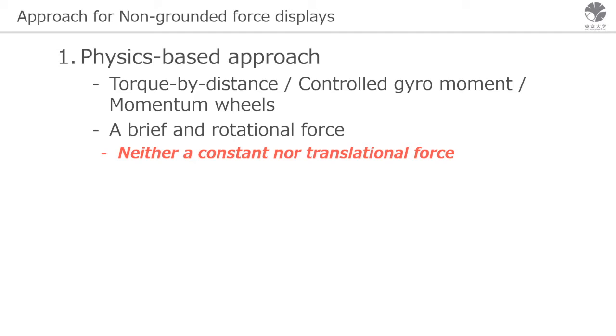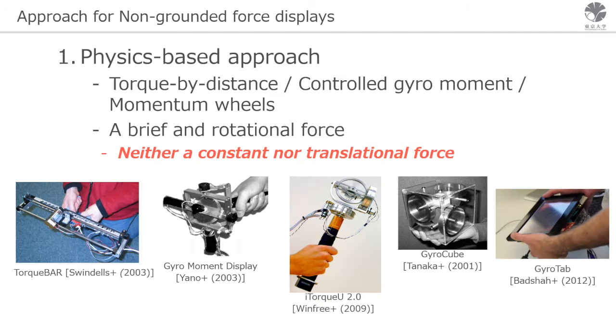One approach, the physics-based approach, uses torque by distance, control gyro moment, and momentum wheels. They can generate torque sensation without external grounding. However, the conventional displays can generate neither constant nor translational force.